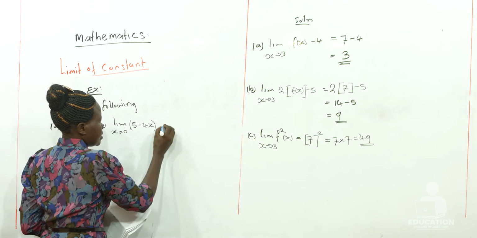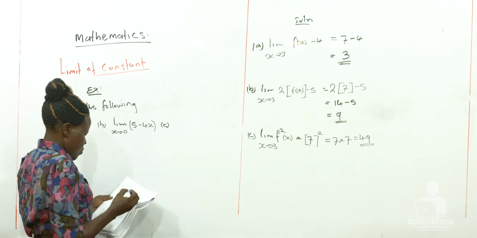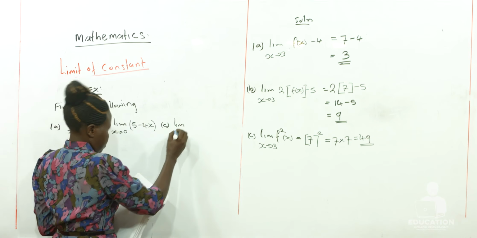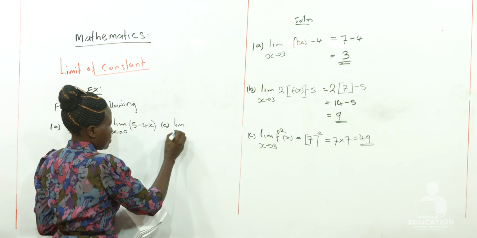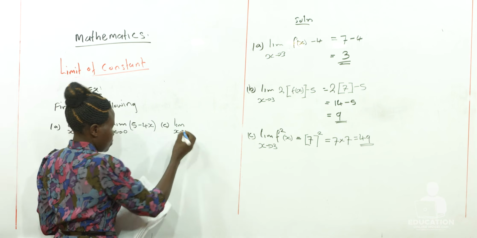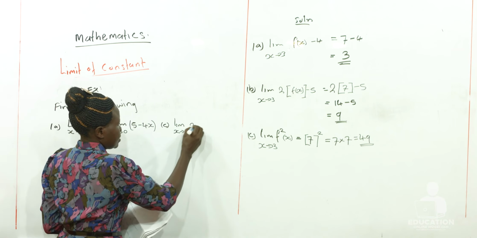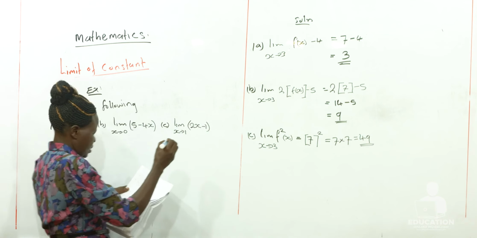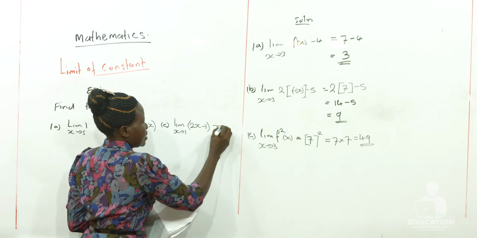And then C, we have the limit as x is approaching 1 of 2x minus 1 over x minus 2.